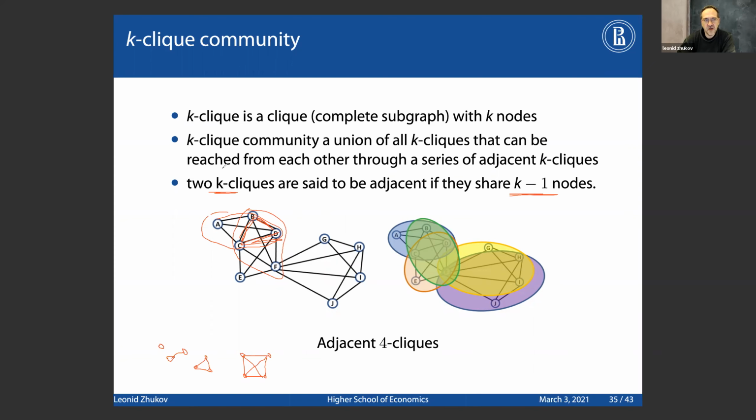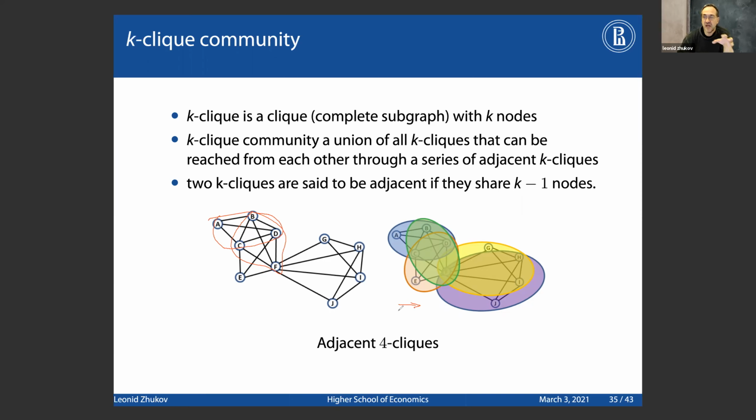These are 4-cliques, meaning they have 4 nodes, and they share K minus 1, so 4 minus 1, 3 nodes. So this clique and this one are adjacent according to this definition. And on the picture on the right, they show various 4-cliques that are adjacent.